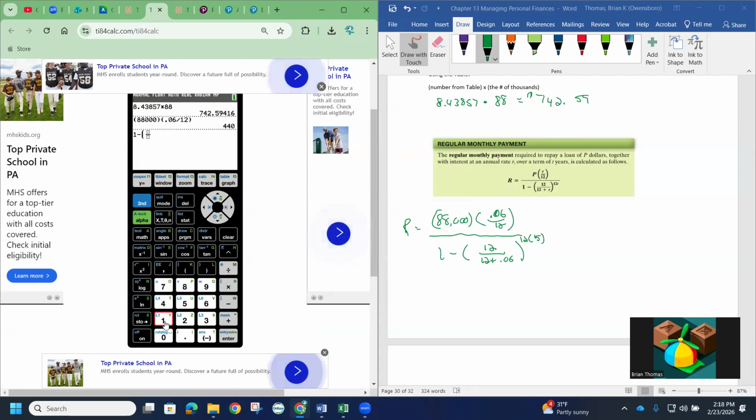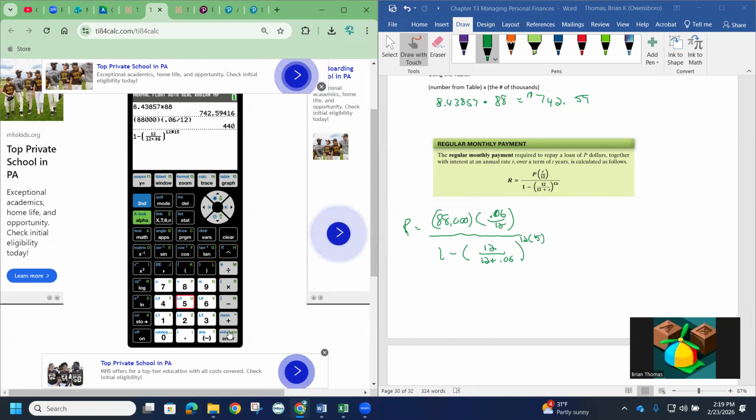I can now put the 12 in my numerator, go down and type in 12 plus 0.06, and then use my arrow, come out, close the parenthesis. And then I have an exponent of 12 times 15. So raise it to 12 times 15, and that gives me 0.59.